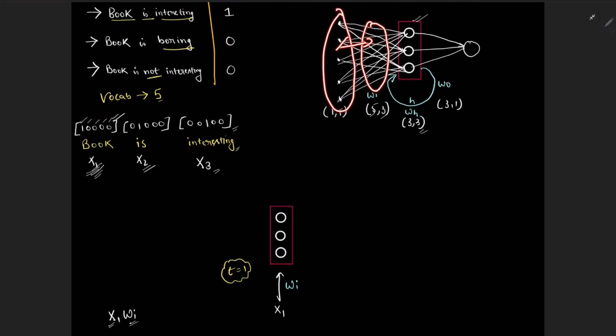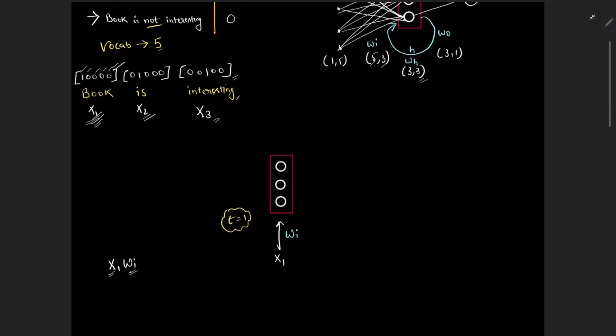We are going to do a dot product of it, and we are going to pass it to the neurons, which are here. Now in the neurons, we know we have some activation function associated with them, and in RNN the activation function by default is tanh.